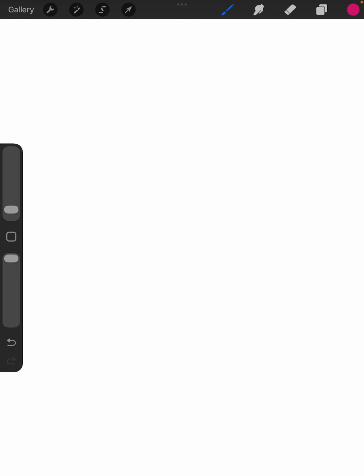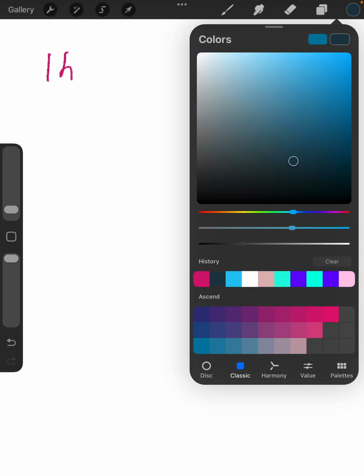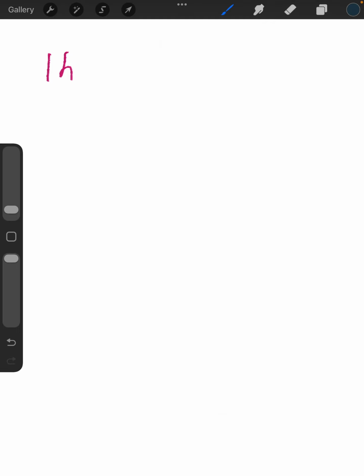Let's look at task 1H on page 100. All right, task 1H is x minus y plus z, right?